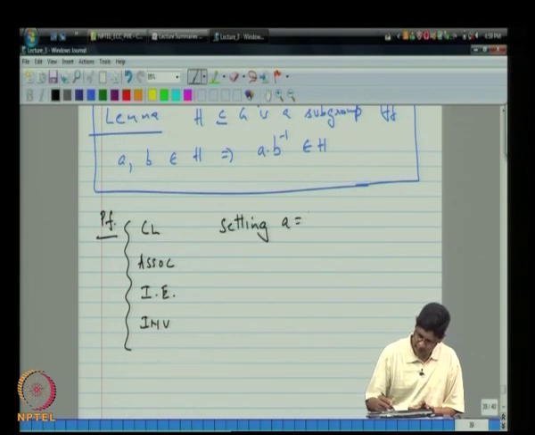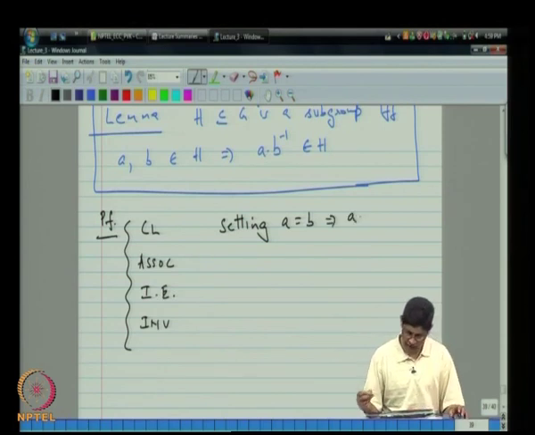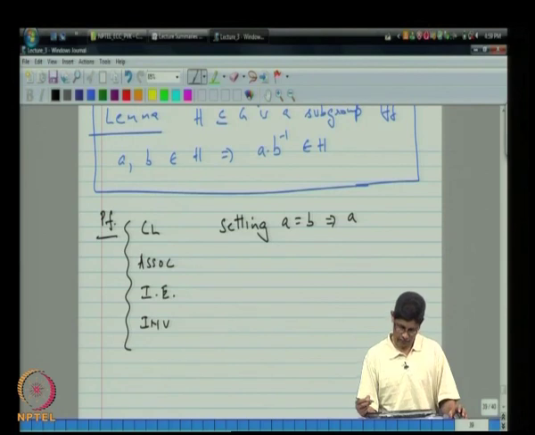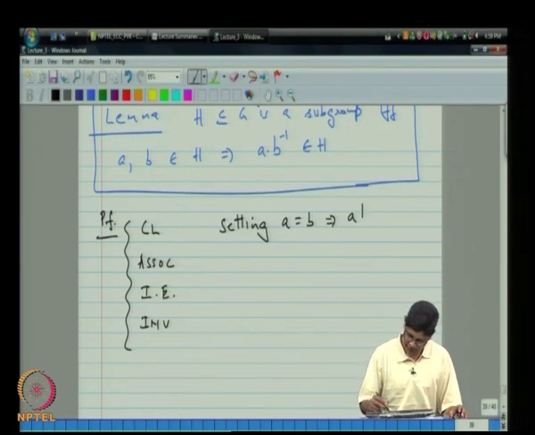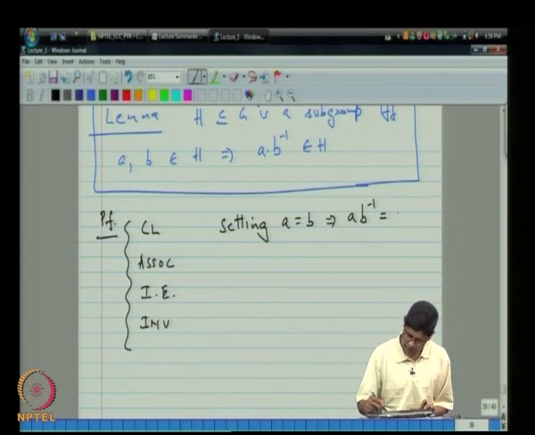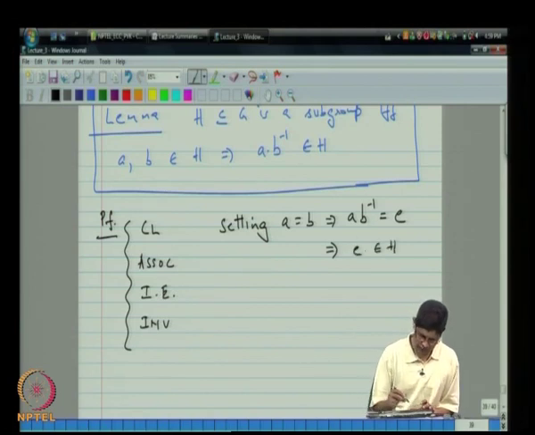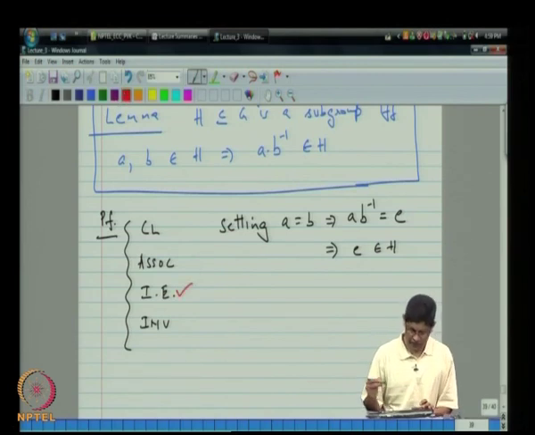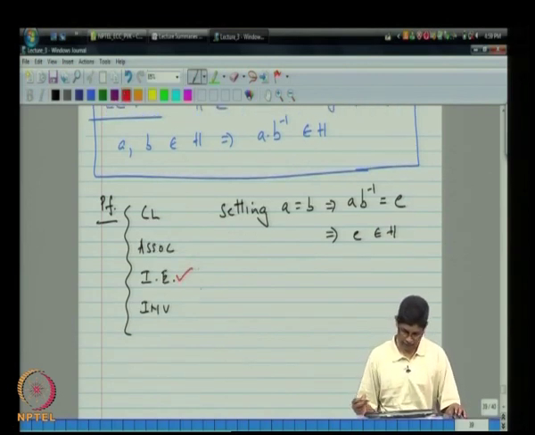Setting A equal to B implies that A B inverse is equal to the identity, which implies that the identity element belongs to H. Thus we have checked that the identity element belongs.